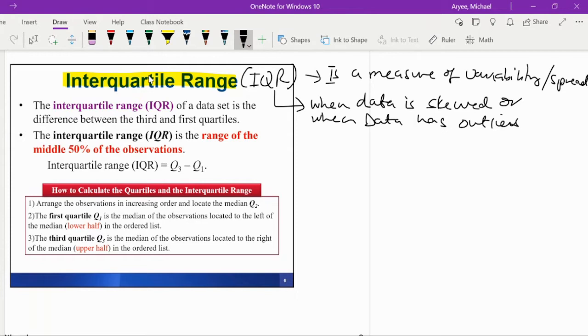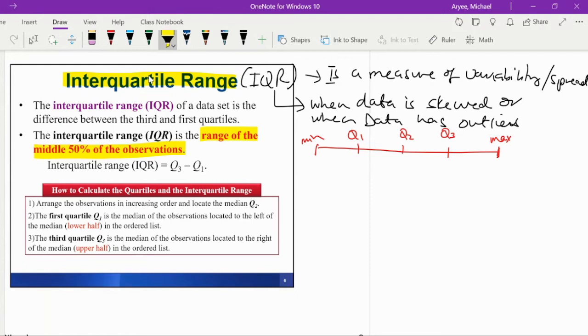Okay, now the question is, what is the interquartile range? The interquartile range is the range of the middle 50% of your data. Now remember when we started, I did something like this: say this is the minimum, this is the maximum. This happens to be Q2, which is the median, this is Q1, and this is Q3, right?